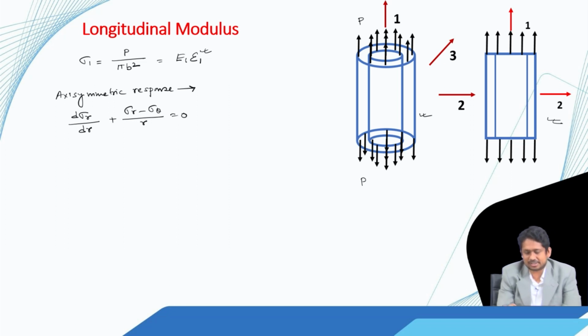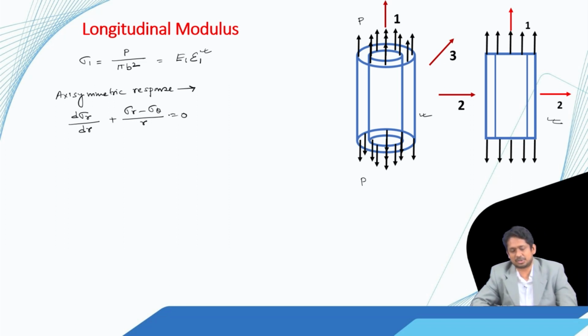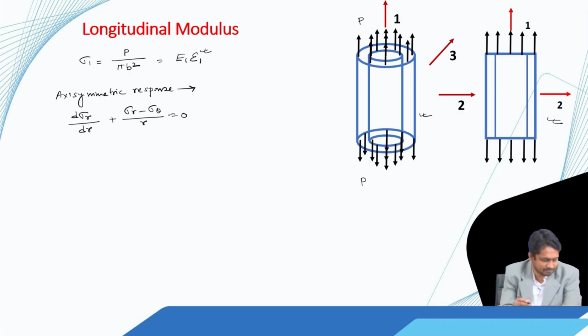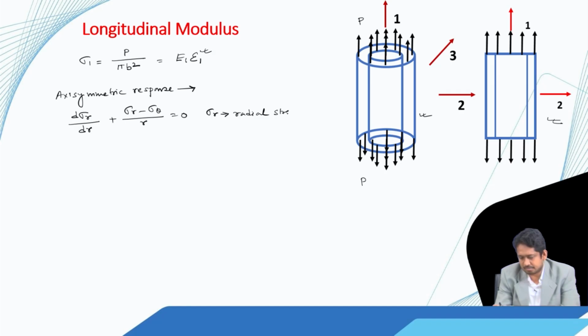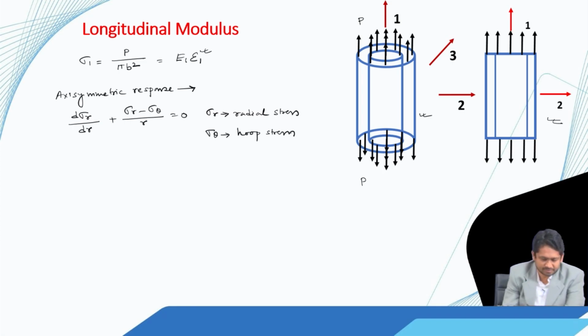Now, because we are working in cylindrical coordinates, instead of sigma 1, sigma 2, sigma 3 or sigma x, sigma y, sigma z, we are going to have terms like sigma r, sigma theta and sigma z. So, sigma r is radial stress and sigma theta is hoop stress, or it is also called circumferential stress. So, this is the equation of equilibrium.